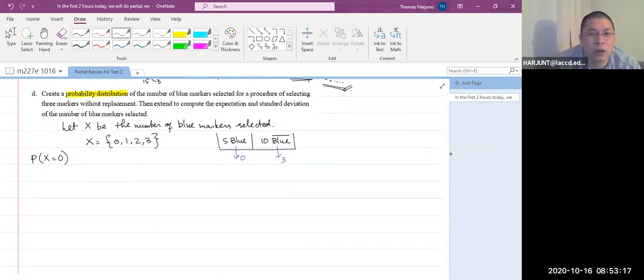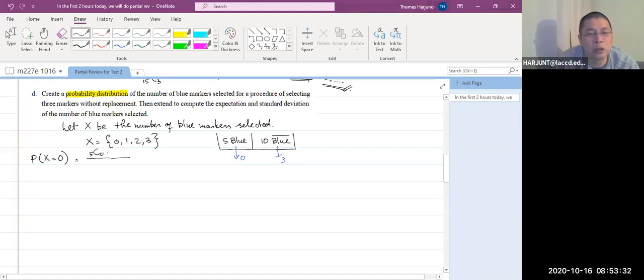Okay, so let's go on. We want to create a probability distribution of the number of blue markers selected. The probability that x equals 0 will be, from blue you choose nothing. Of course, from not blue you have to choose 3.